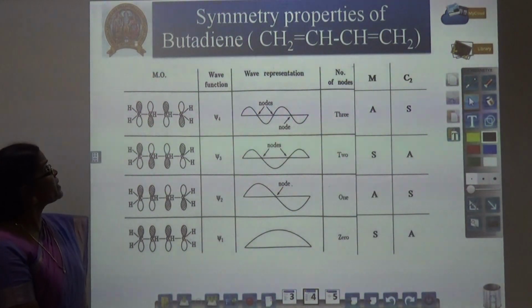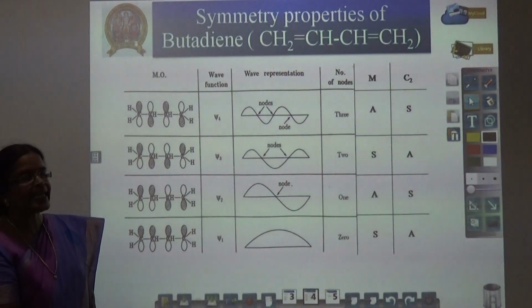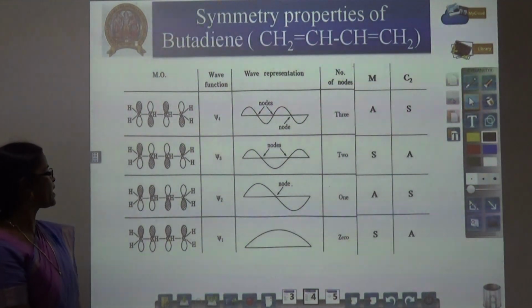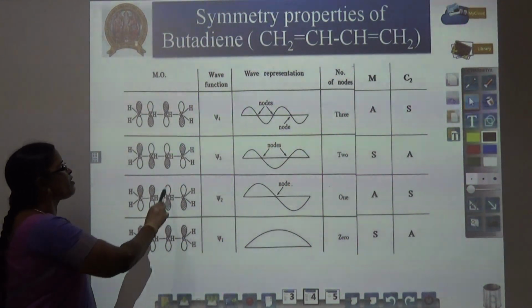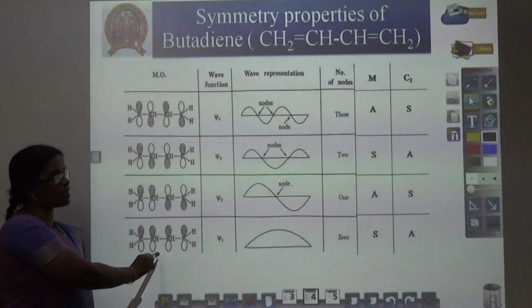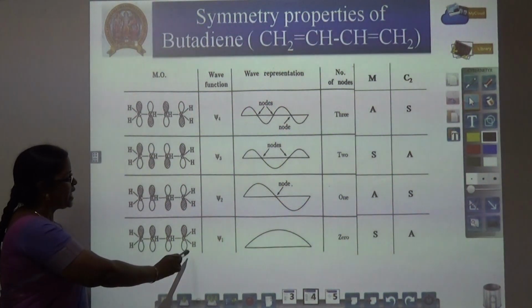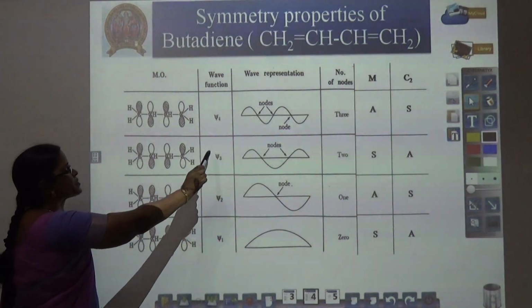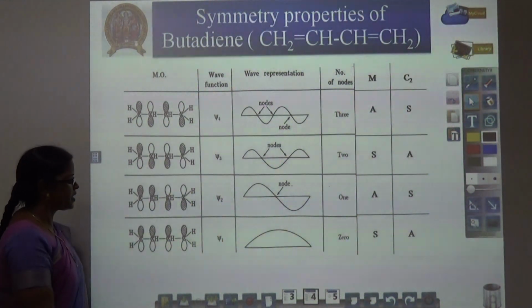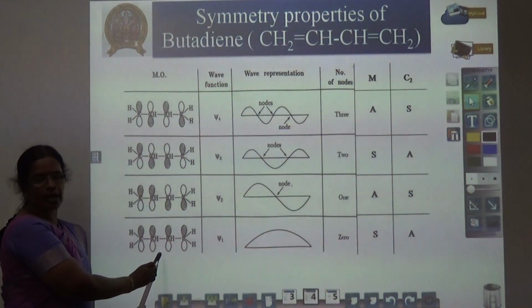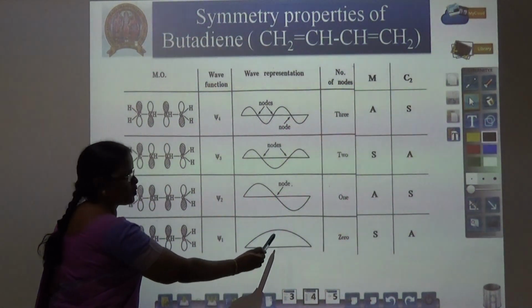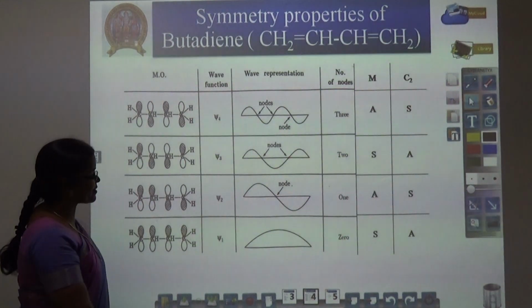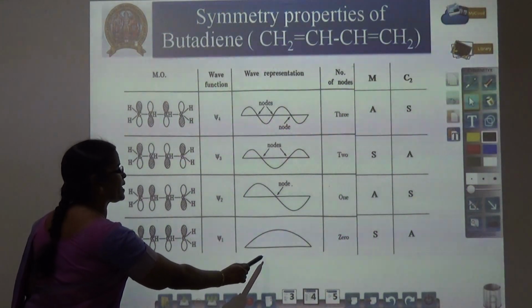Then, the symmetry properties of butadiene. In 1,3-butadiene, four pi molecular orbitals are given here. The wave functions are denoted by the letters Psi1, Psi2, Psi3, Psi4. This pi molecular orbital has 0 nodes, that means electron density is not zero at any place.